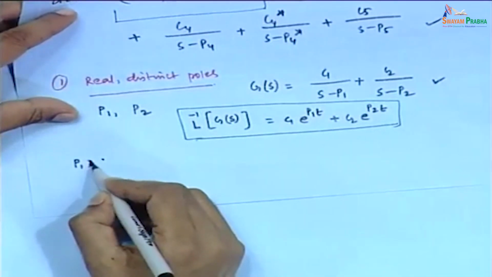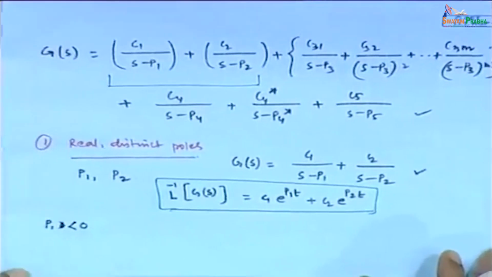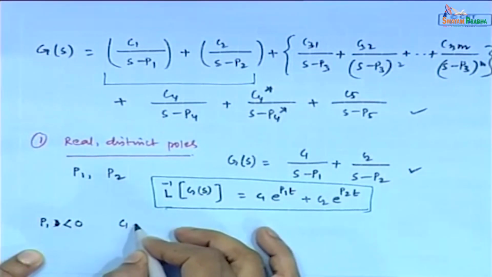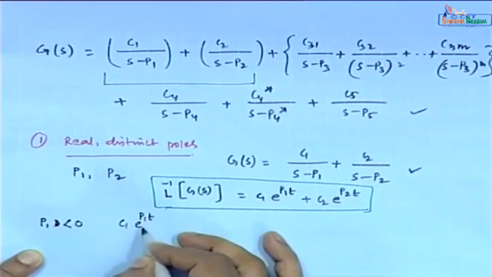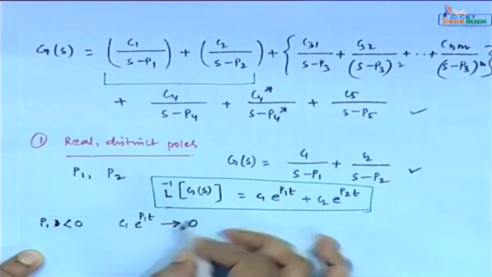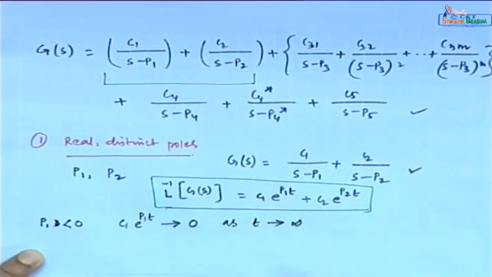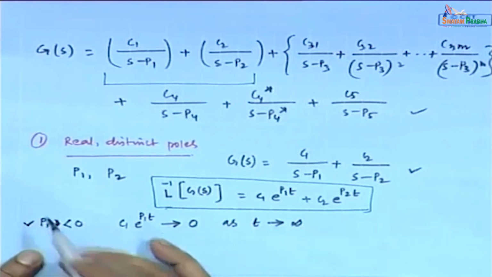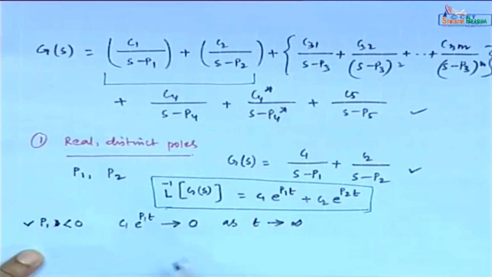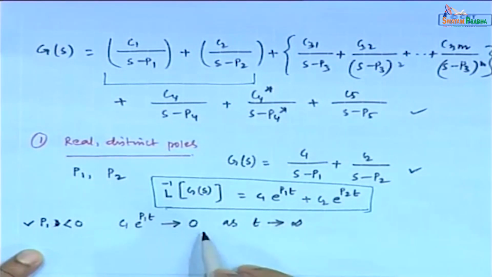So, P1 is less than 0. If that is the case, then C1 e to the power P1t tends to 0 as time tends to infinity. We have considered P1 less than 0, so exponential of P1t multiplied by C1 tends to 0 as time goes to infinity.